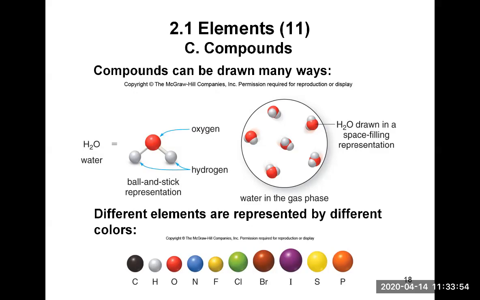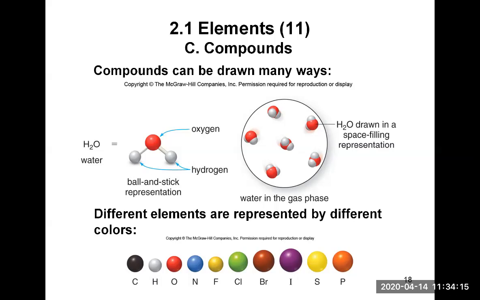Another way to represent molecules, and this is usually computer generated, it's not what we do on paper, is called the space filling representation. And here you have the molecule of water represented in space filling representation.